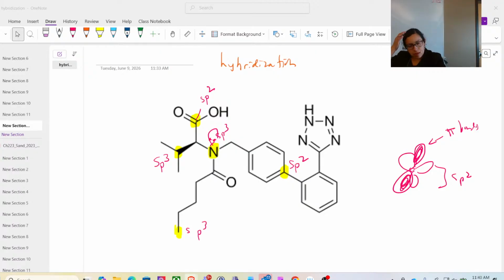All right, and then kind of shifting gears again. We did our nuclear reactions, so we'll have some balancing equation ones.